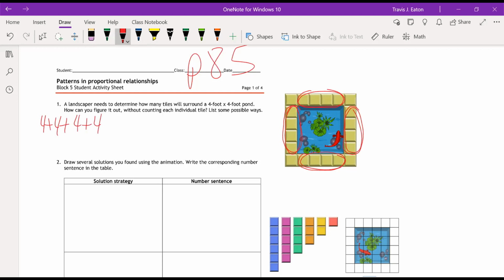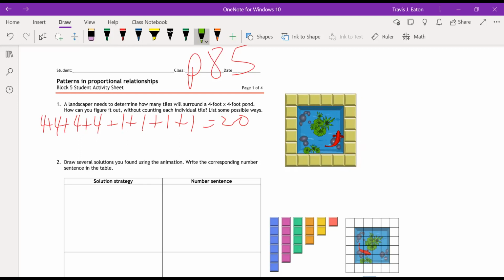And then I've got these 4 ones. Plus 1 plus 1 plus 1 plus 1. So that's 16, 17, 18, 19, 20 equals 20. There, that's one way to look at it. You follow me? Look at that. That's pretty slick, right? What's another way we could look at this?